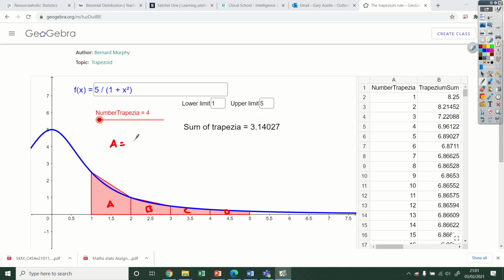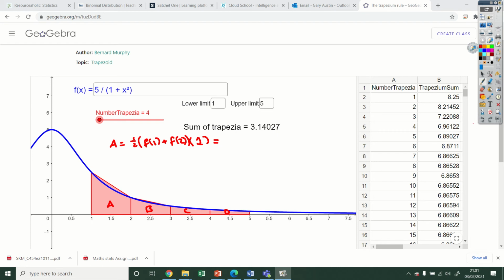Okay, A is a half times f of 1 plus f of 2, times the distance in between, which is again going to be 1, but it's not always, it's going to depend on the question. Okay, let's maybe work this out. I'm not going to write this out, I'm just going to type it straight into my calculator.